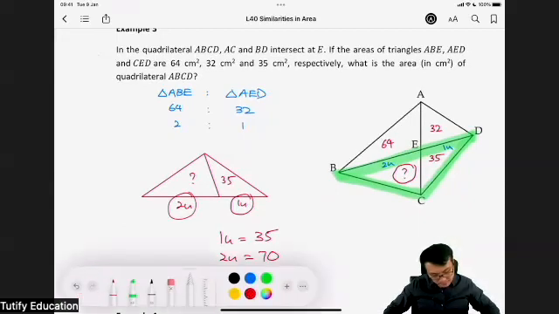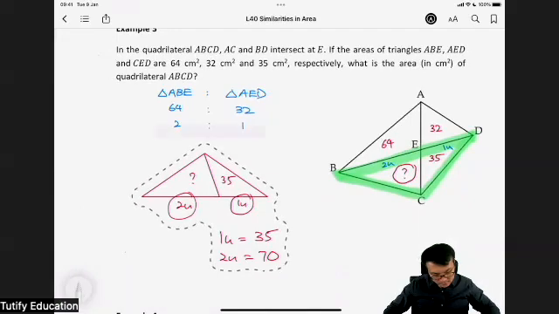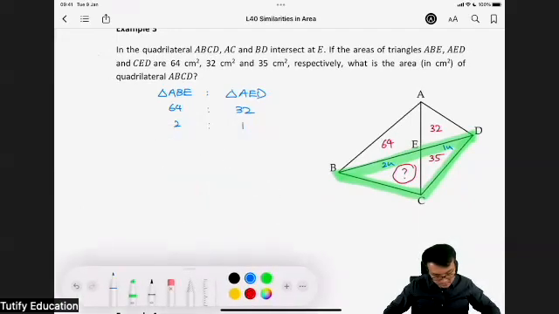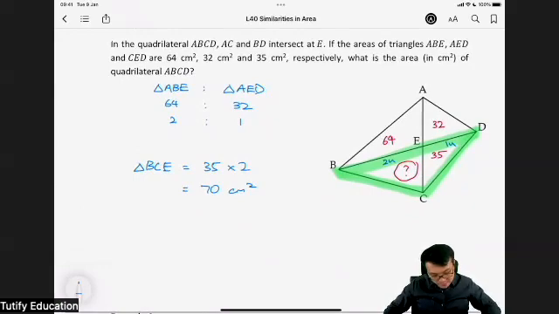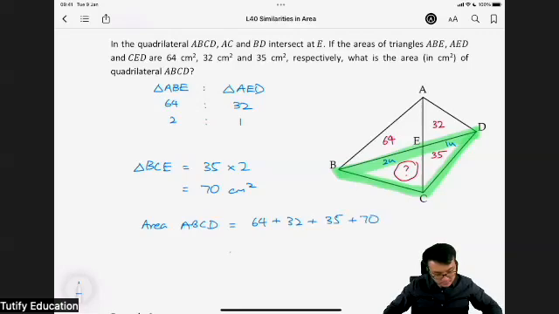So now we know that triangle BCE equals 70. So what is the area of the quadrilateral ABCD? All you need to do is add everything together and you will get your answer.